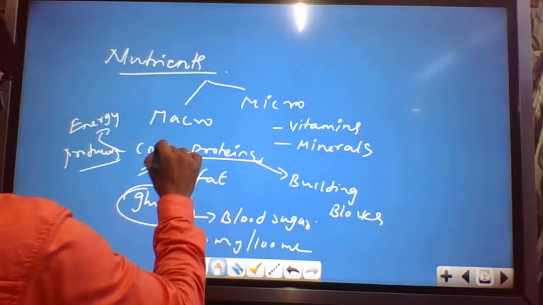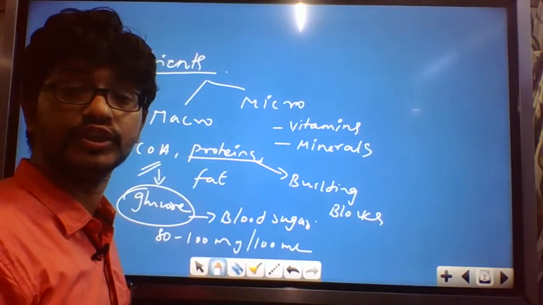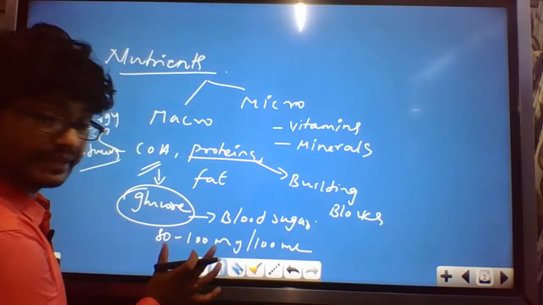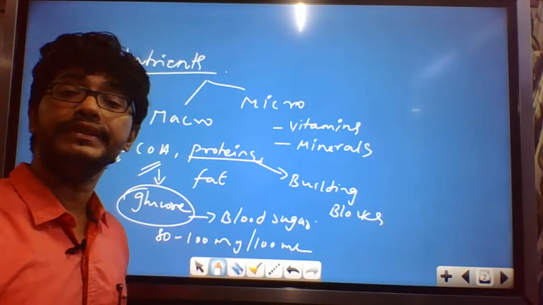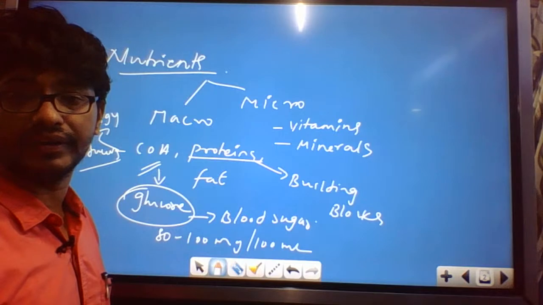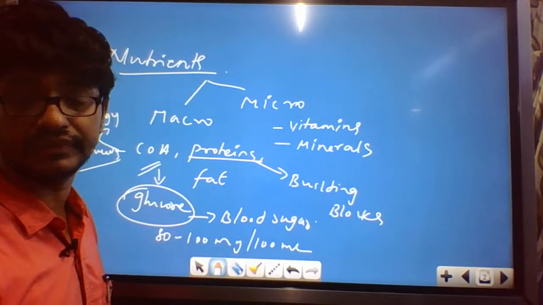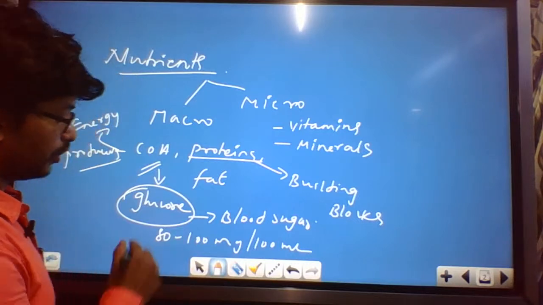So this carbohydrate usually gives energy for the body, and as it gets consumed in the body, it maintains a range between 80 to 100 milligram per 100 ml. What happens when there is a surplus or additional carbohydrate?